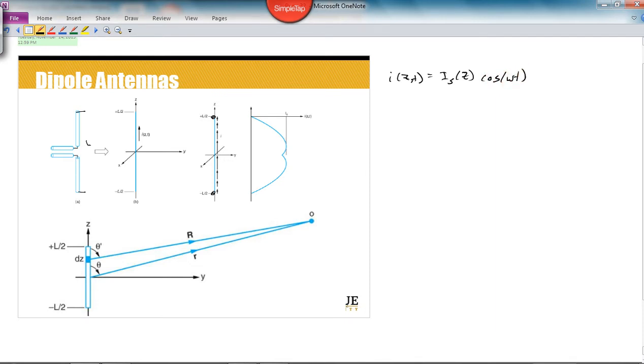So what is the value of this current as we go along the transmission line? What is the distribution as we go along this dipole element?